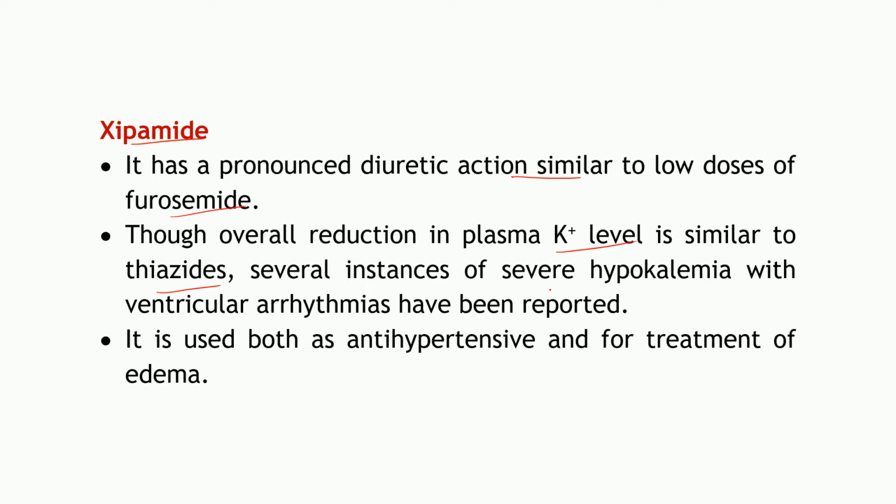But severe instances of hypokalaemia and arrhythmias have been precipitated, so these are on record. So this particular drug should be used cautiously, because arrhythmia precipitation chances are there. Otherwise, it is used as an antihypertensive as well as for the treatment of edema.